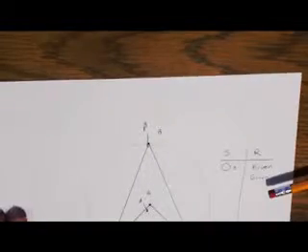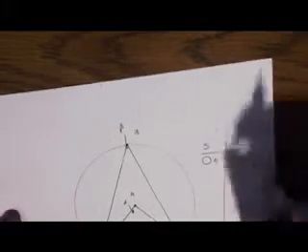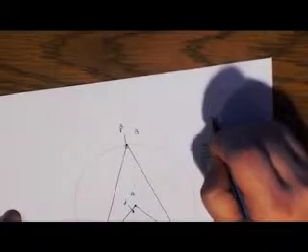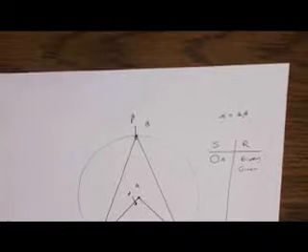So we have beta, the angle in here is beta, and then the angle in here is alpha. Where alpha corresponds to the central angle and beta corresponds to the inscribed angle. And what we're trying to demonstrate is that alpha is equal to 2 beta. That's the point of this proof.